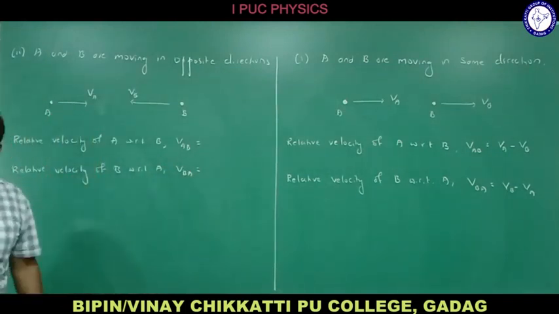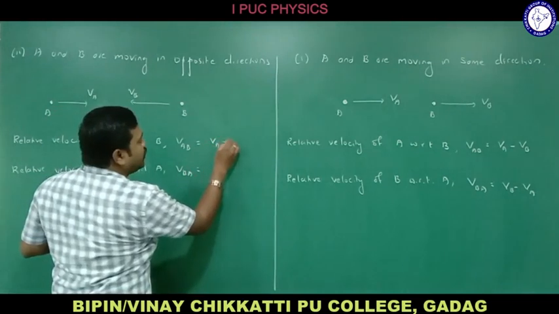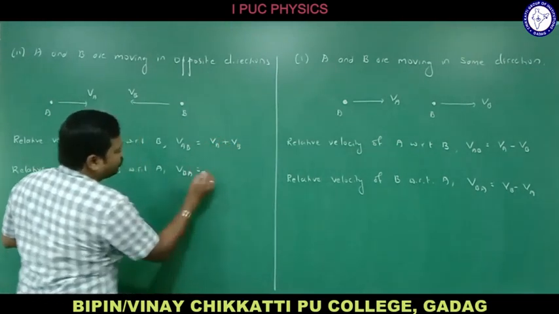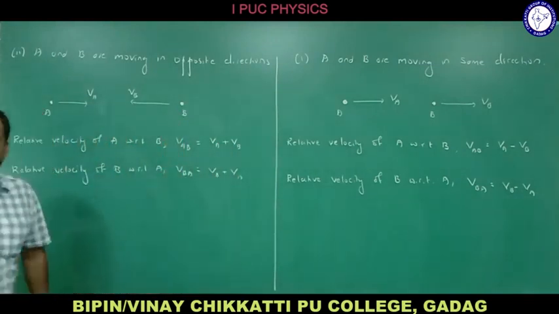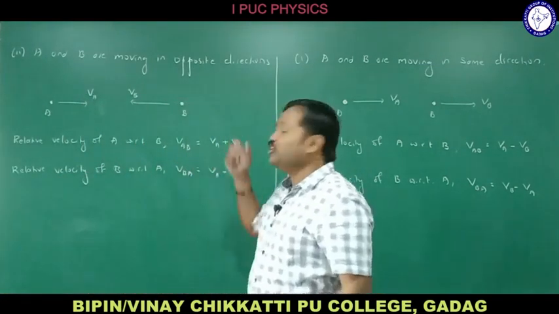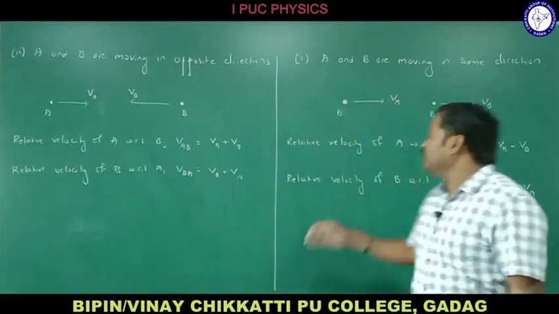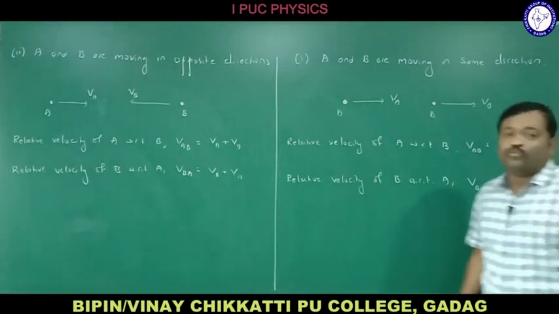If they are moving in opposite directions, the relative velocity is VA plus VB. This is VB plus VA, which is nothing but VA plus VB, right? Do remember, if they are moving in opposite directions, relative velocity is the addition of the two velocities. If the particles are moving in the same direction, it is the subtraction of the two velocities, right?